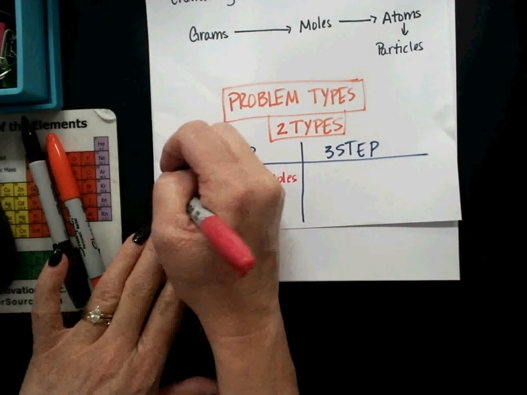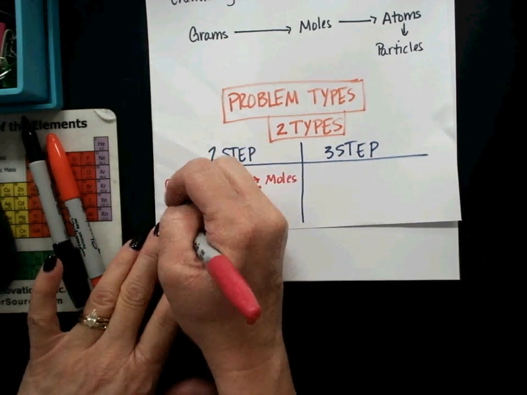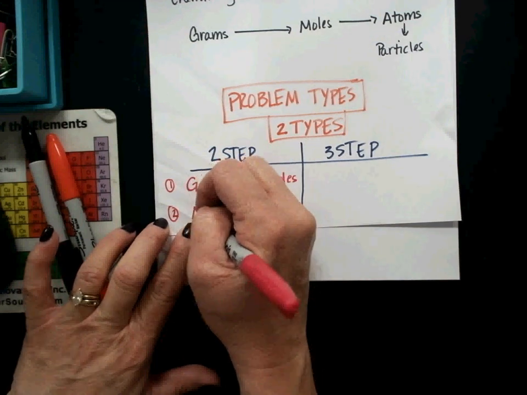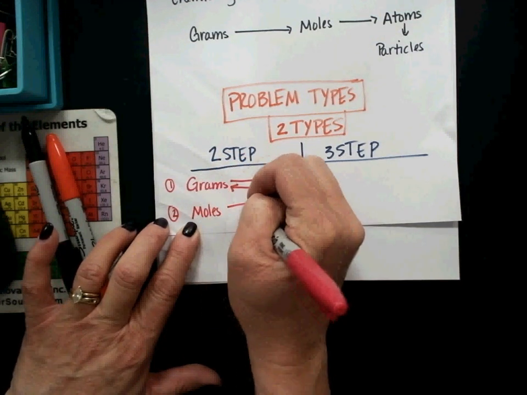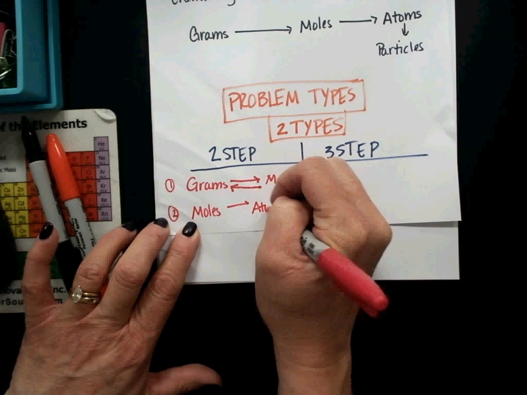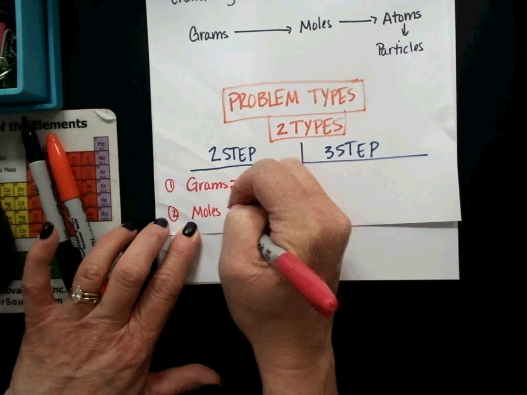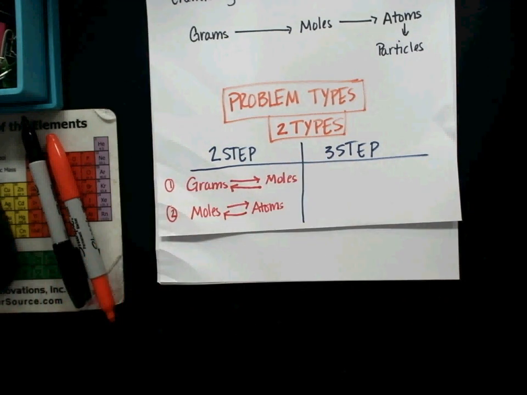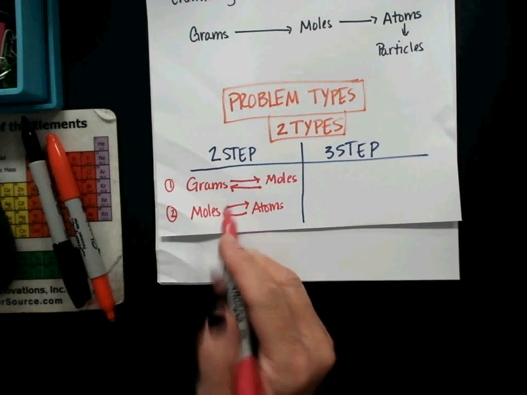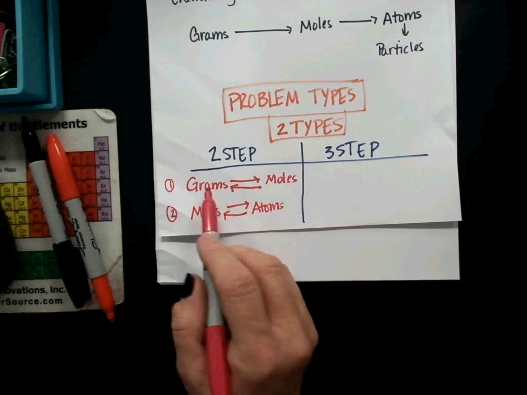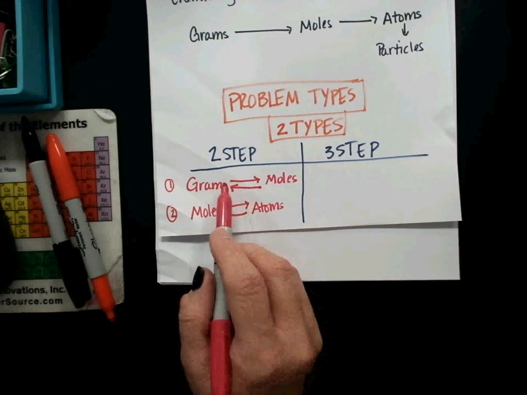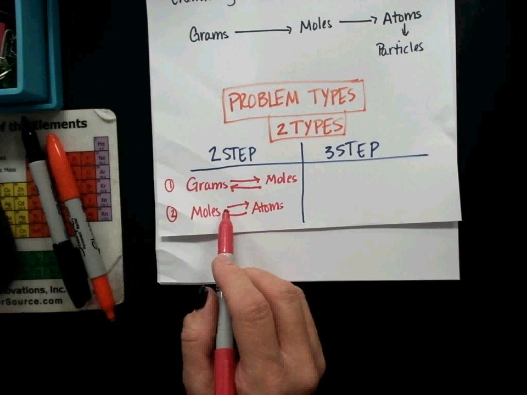That's one type. The second type is moles to atoms or atoms to moles. So technically there's 4 kinds of problems under the 2-step. So I convert grams to moles, or I can give you moles and ask you to convert it to grams. That's 2 different types. And I have 2 different types here.